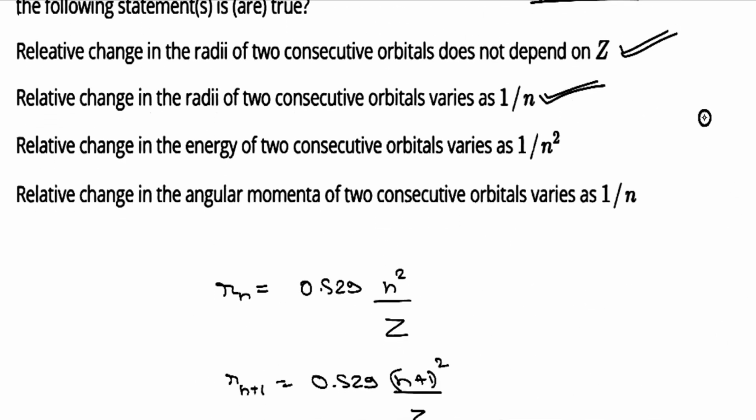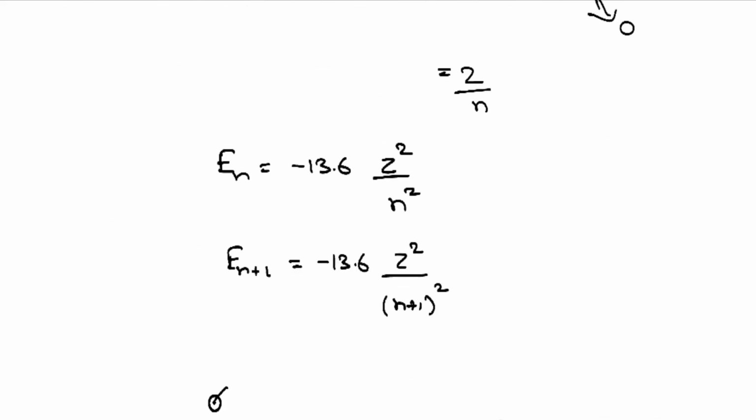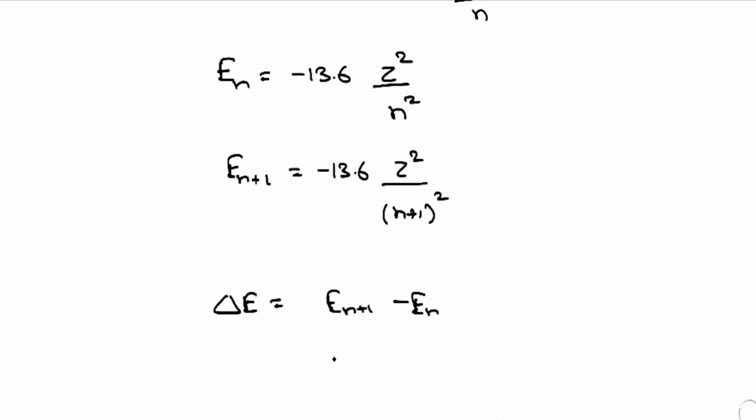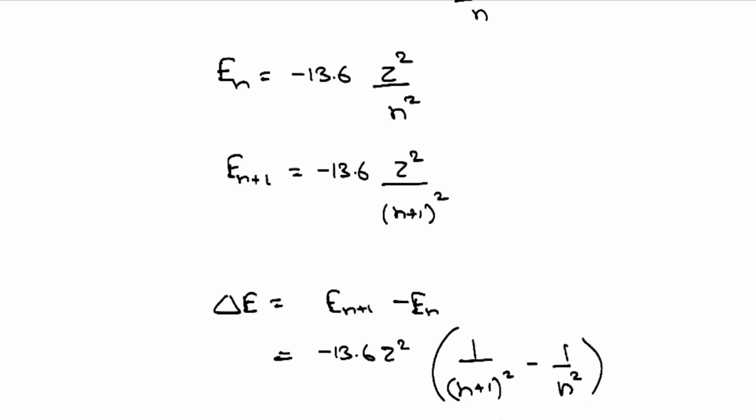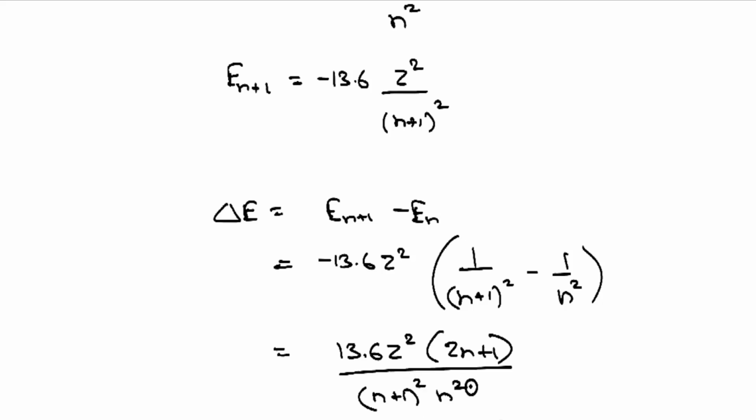Let's say delta E will be equal to E(n+1) minus En, which is equal to minus 13.6 times Z squared times [1 by (n plus 1) squared minus 1 by n squared], which is equal to 13.6 Z squared (2n plus 1) upon (n plus 1) squared n squared.